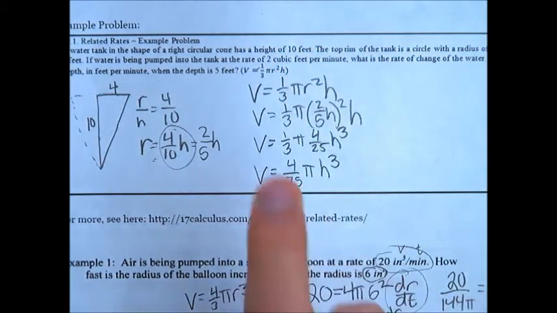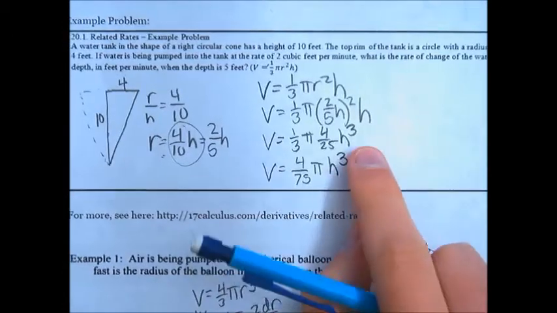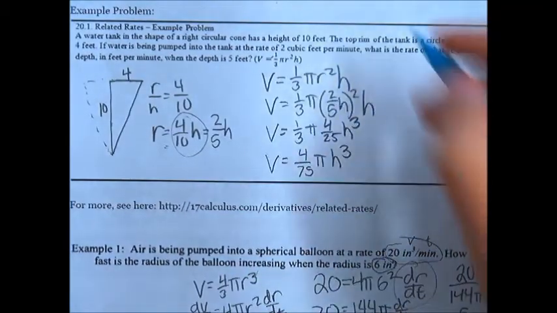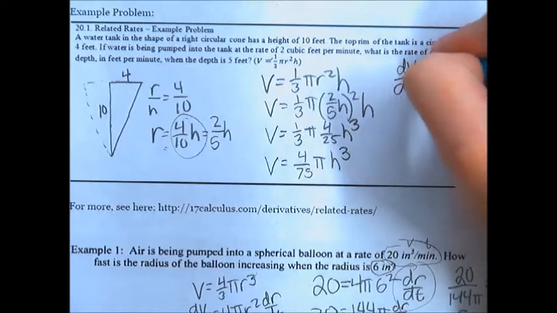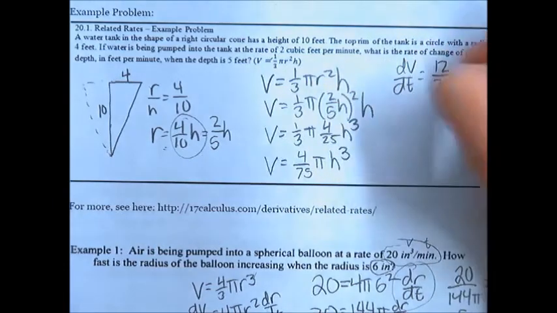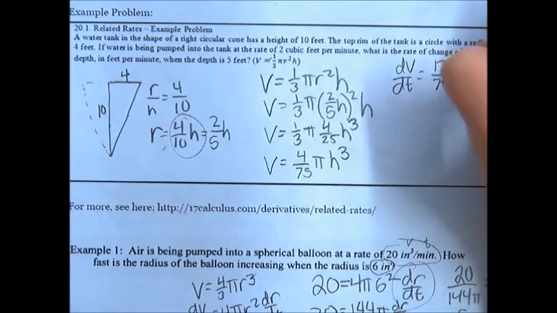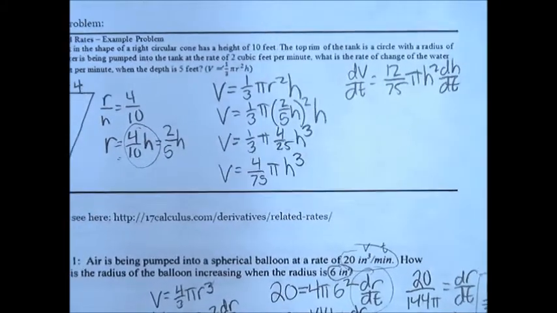Okay, now I'm ready to take the derivative. I can pull the 3 down, and I get dV/dt is equal to 12 over 75 times pi h squared dh/dt. And I'm trying to solve for dh/dt.